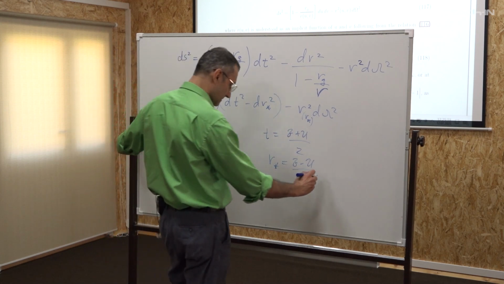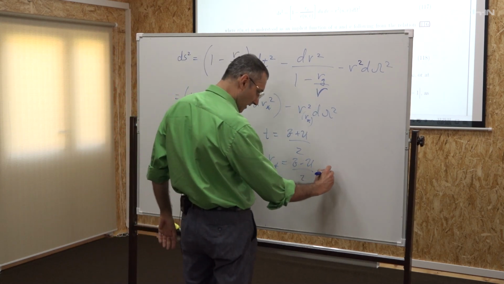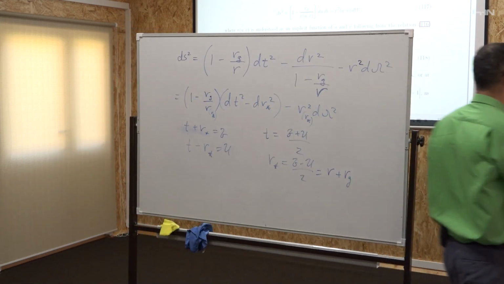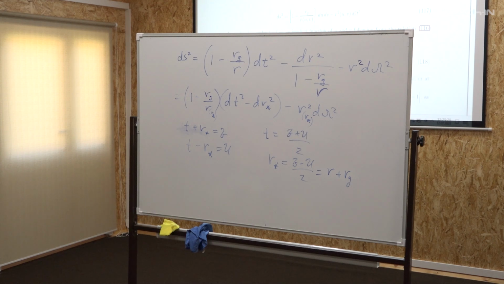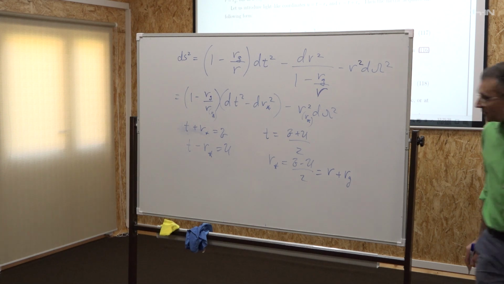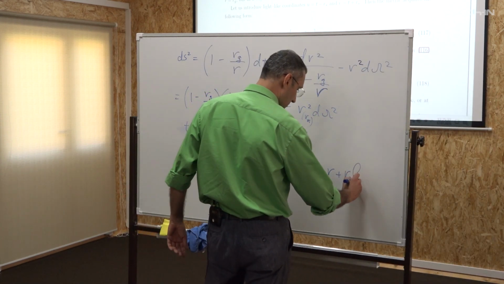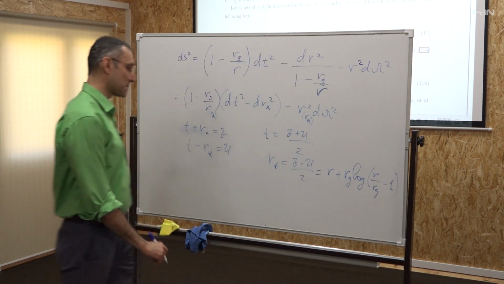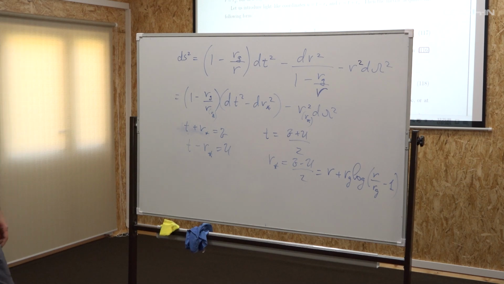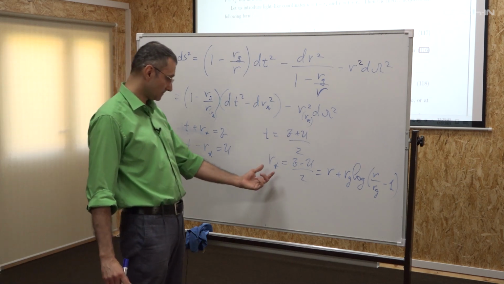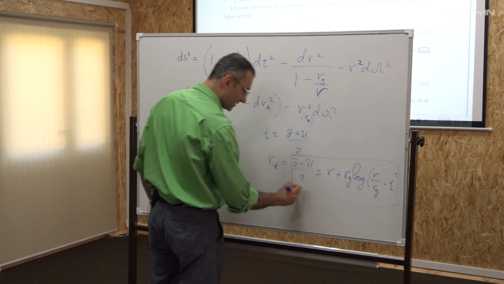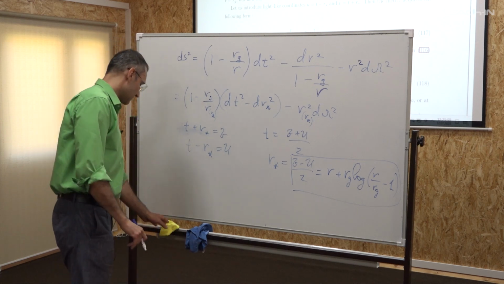And from here, knowing this, do I correctly write this tortoise coordinate? Yeah, correctly: r star equals r plus r_g log of (r divided by r_g minus 1). So here essentially, solving this equation, you now can understand the following.